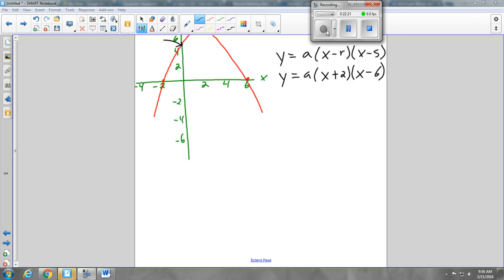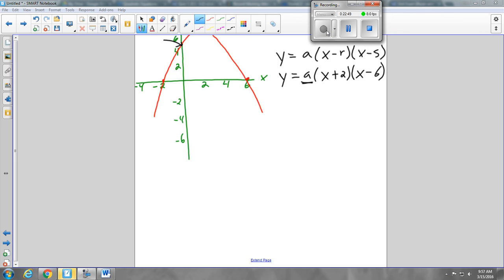So maybe if you can make your guys' cross at 6, it might make a bit more sense. The reason that matters is that it's going to help us solve for a. We don't know what a is right now. It's our goal in the end here. We want to figure out what a is so we can put it back in the equation.